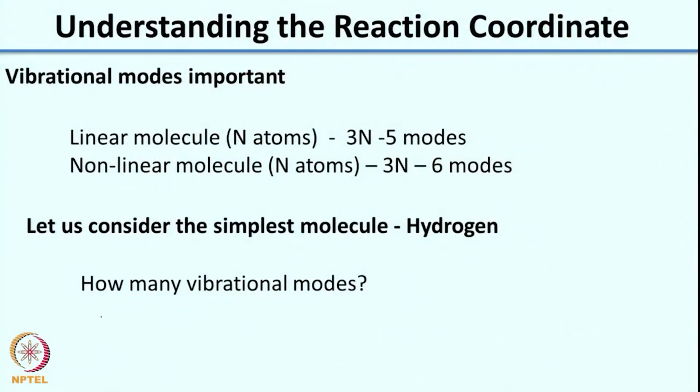That is why the total number of translational and rotational modes for a linear molecule is 5, 3 for translation and 2 for rotation. What is left over for vibration would be 3n minus 5, because 3n is the total degrees of freedom and 5 are gone for translation and rotation.